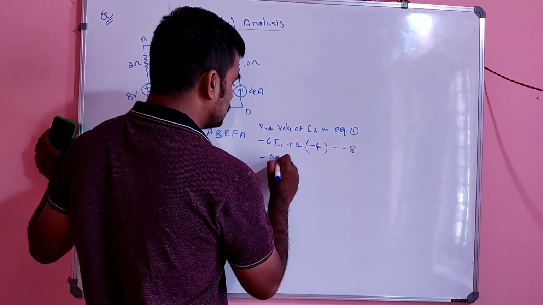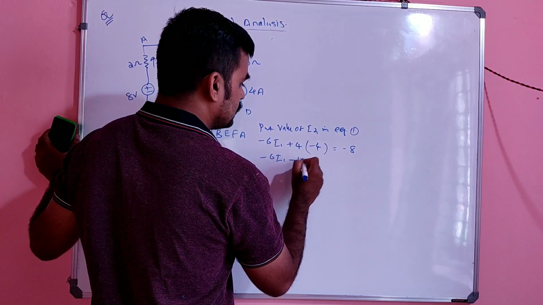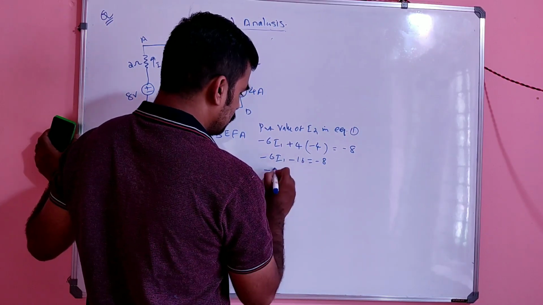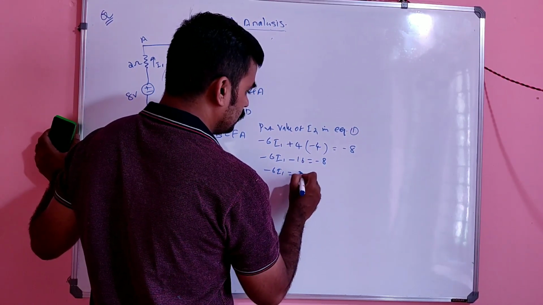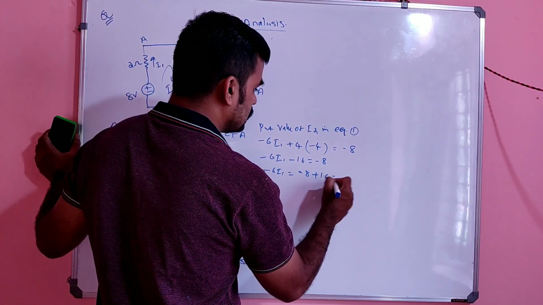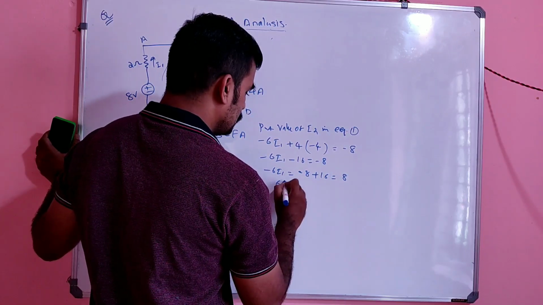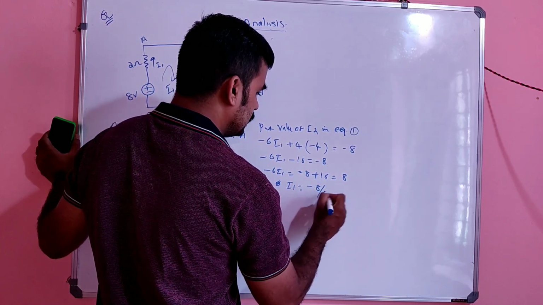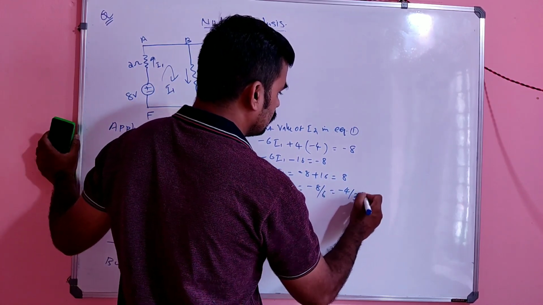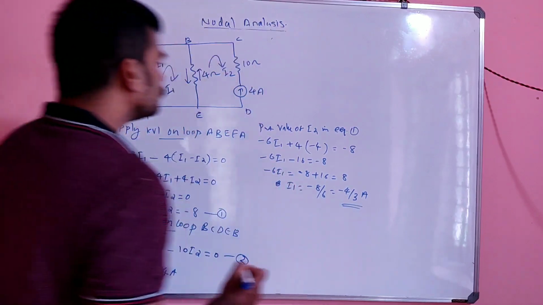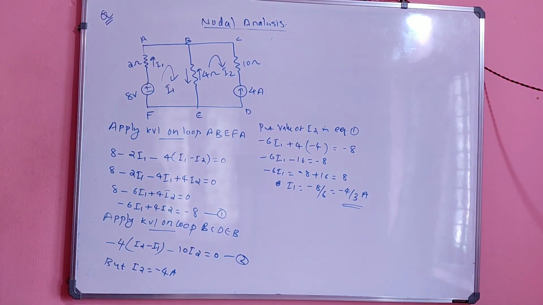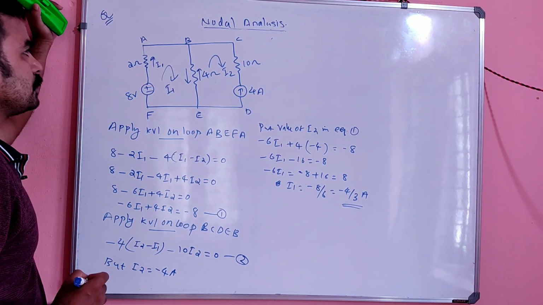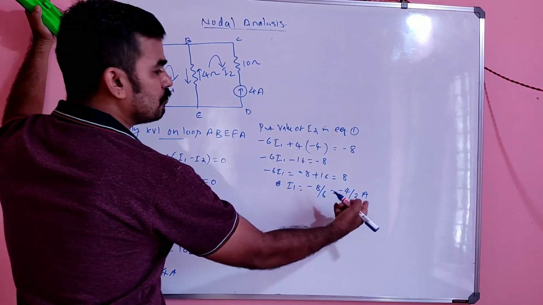So minus 6I1 minus 16 equal to minus 8. Minus 6I1 equal to minus 8 plus 16, which is nothing but 8. So I1 will be equal to minus 8 by 6, equal to minus 4 by 3 ampere. So I1 will be minus 4 by 3 ampere.